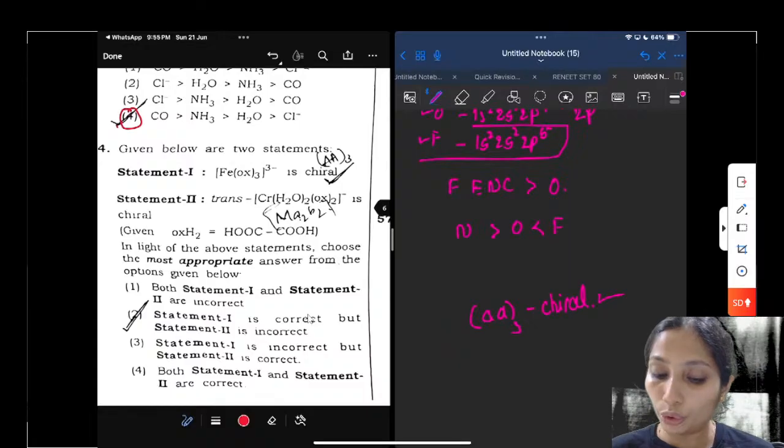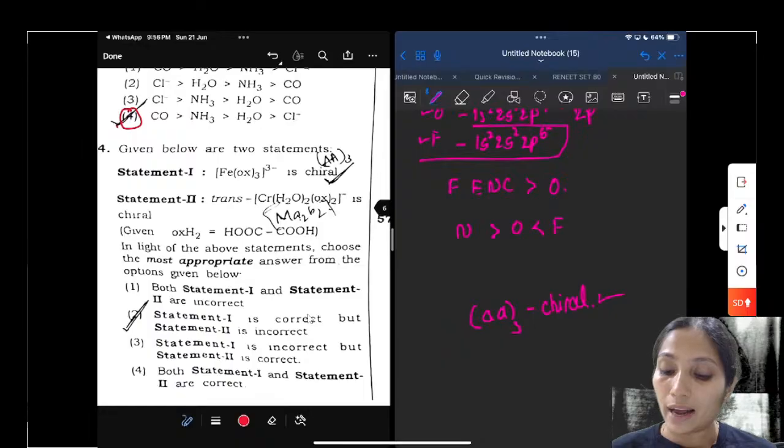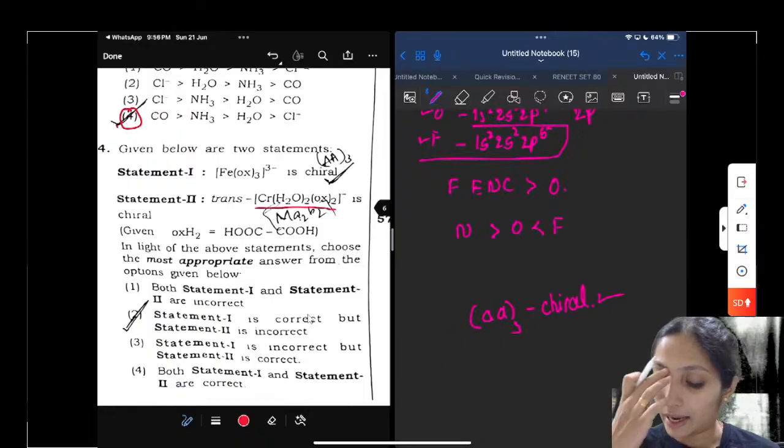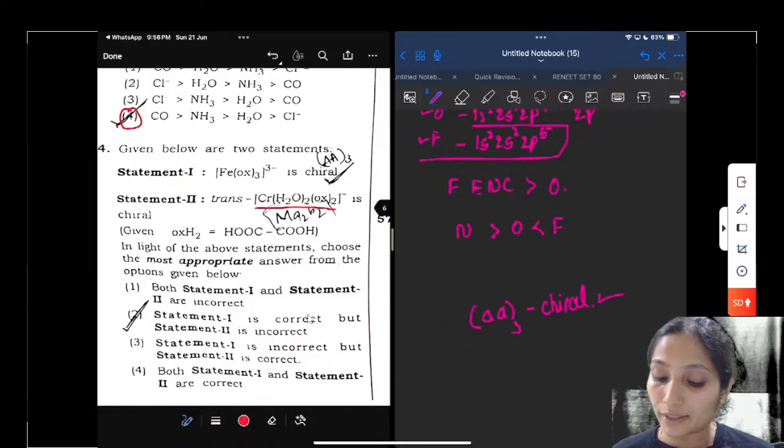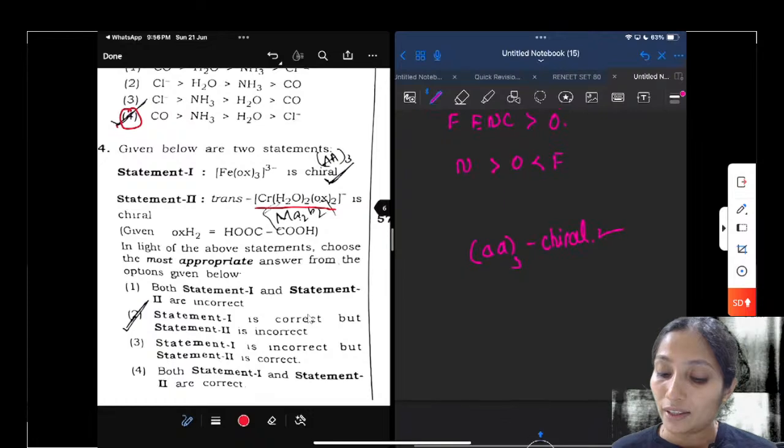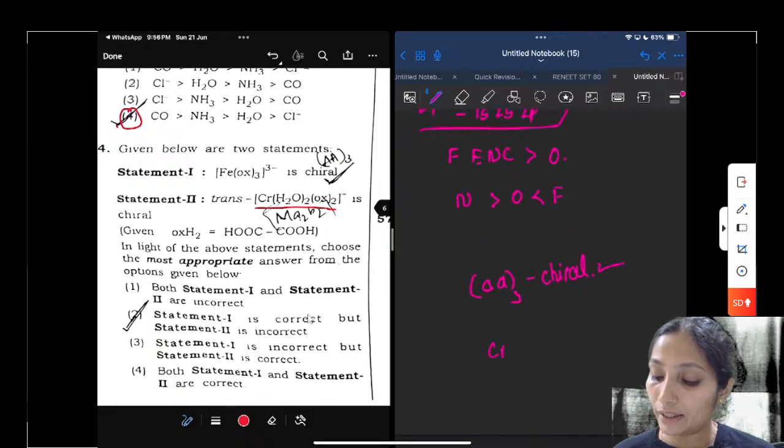And if I go to statement 2, what is given? Trans-[Cr(H2O)2(ox)2]- is chiral. So is it chiral? Which type of complex is this? It is trans. Remember, Cr will be at the center, H2O on one side, H2O here, trans, and the other is the bidentate ligand oxalato.